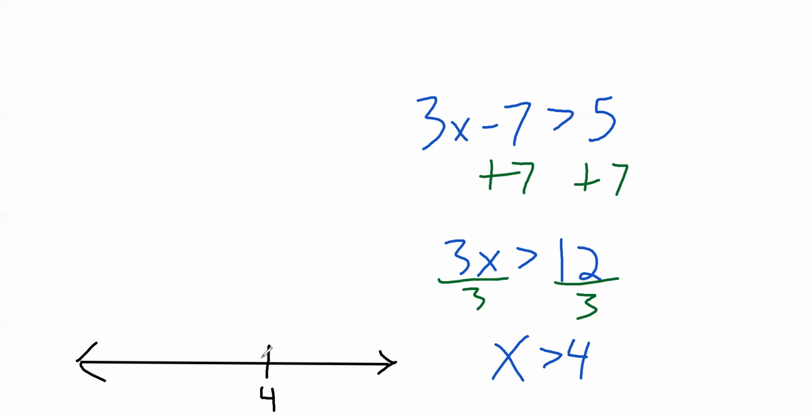Open circle because it's strictly greater than 4. And then shade everything to the right because it's greater than. Bada bing, bada boom. Any questions on that one?